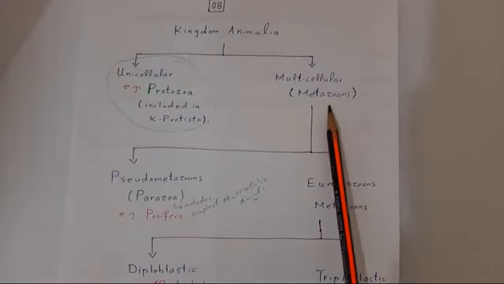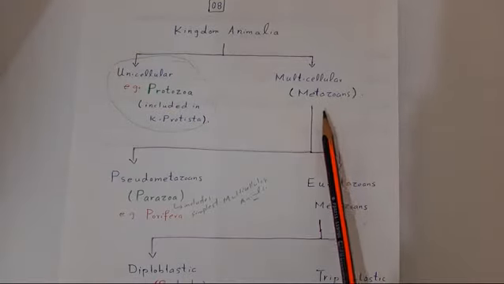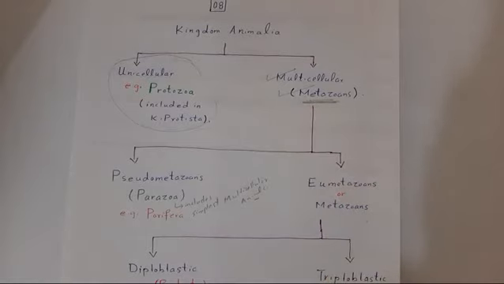Then the multicellular animals or metazoans are divided into two groups, that is the pseudometazoans and eumetazoans. As earlier I told you, now in kingdom Animalia we only study the multicellular animals or metazoans. And we have already studied in the characteristics of animals that animals have a multicellular body, or in other words, all animals are multicellular.